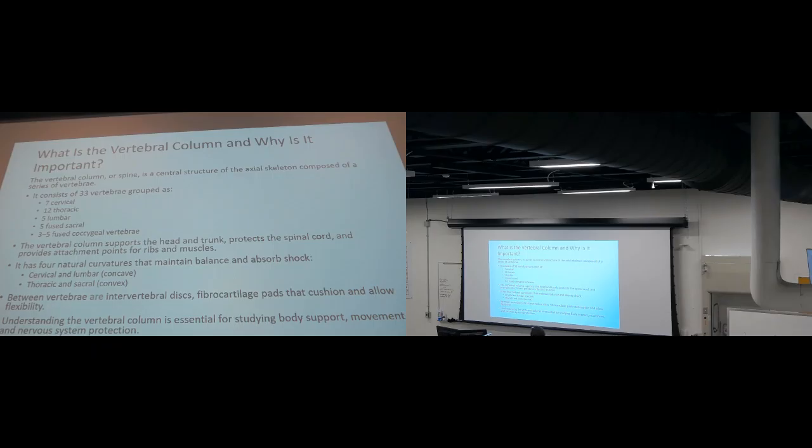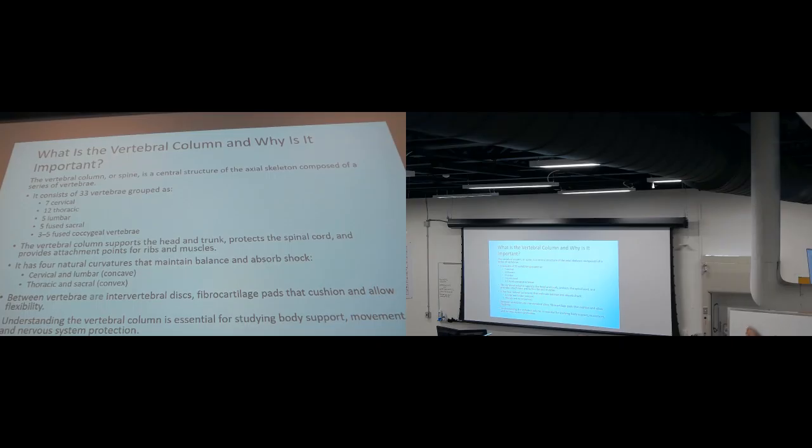Now for the vertebral column, we have 33 vertebrae, located at different regions. The ones located in the neck are called cervical. The ones in the thorax are thoracic, in the lumbar area lumbar, and just below the lumbar we have the sacral and coccygeal vertebrae.